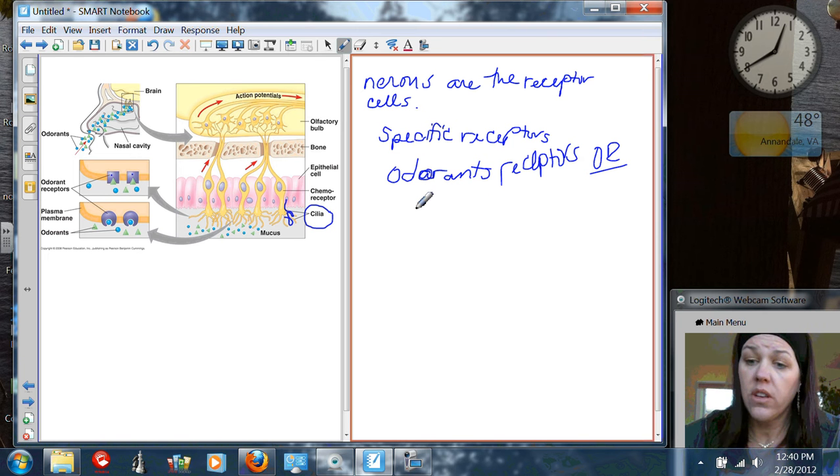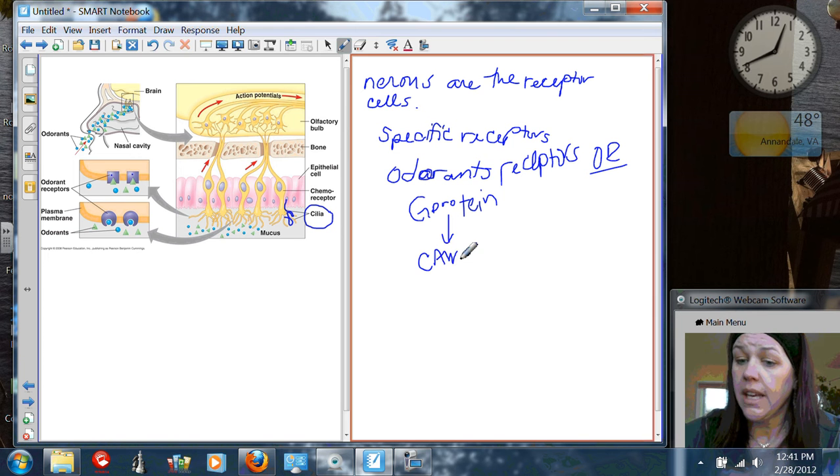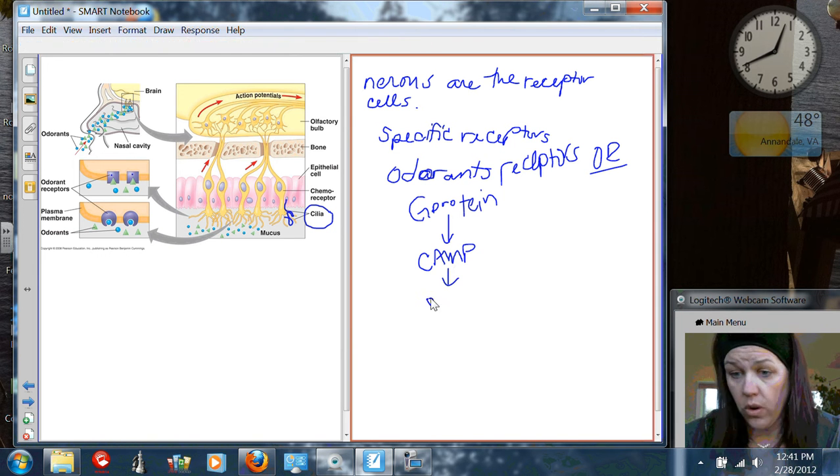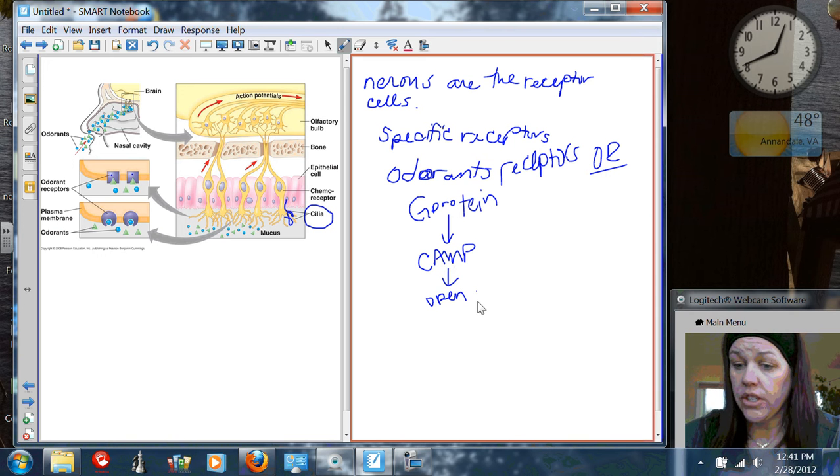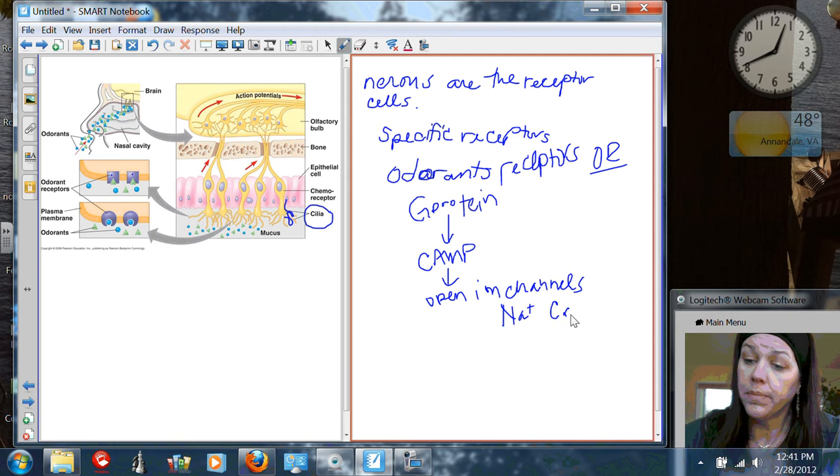Now, they use a G protein coupled receptor, so it's still going to use the G protein, similar to taste, but here it's going to then activate a cyclic AMP, which is going to directly open ion channels for the depolarization. And it's ion channels to sodium, which is positive, and calcium.